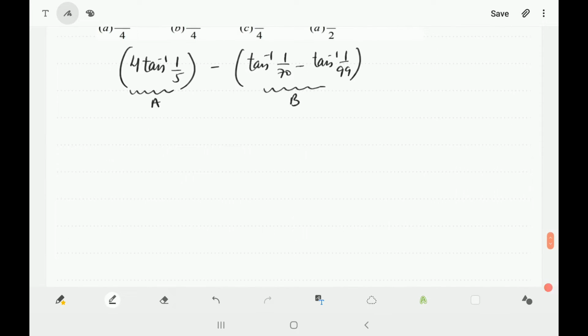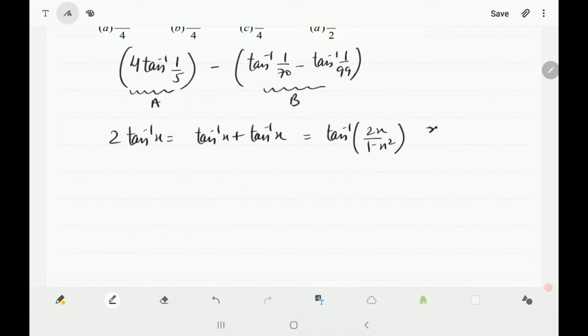Okay, now we should know this formula that 2 tan inverse x is tan inverse x plus tan inverse x. So we know the formula of tan inverse of x plus tan inverse of y, provided x is positive, y is positive and xy is less than 1. So this formula will be tan inverse of 2x upon 1 minus x square, provided x is positive and x square is less than 1.